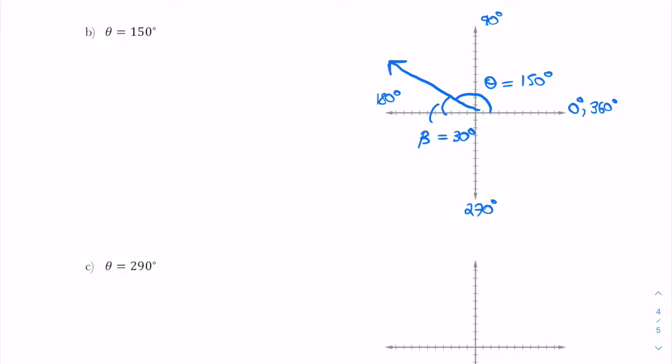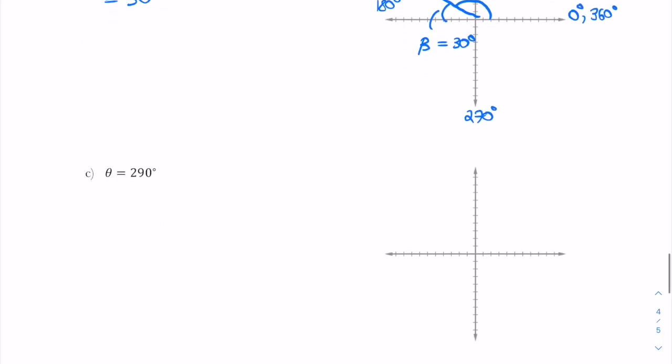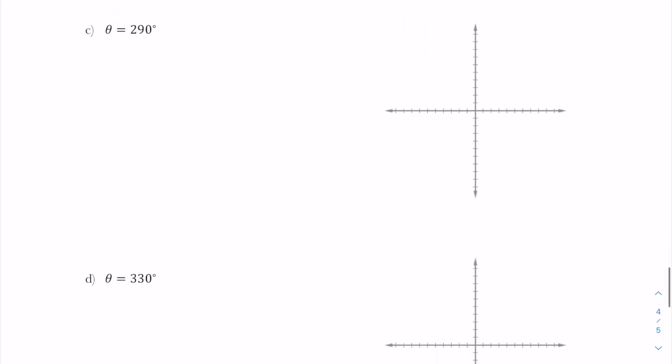If you're not sure how I got that, beta can be found by taking 180 degrees and subtracting the principal angle of 150, which gives you 30 degrees. You don't have to show your work like I just did. Oftentimes you're probably fine to just see it and label it, but if you need to show a little work, that's fine. Okay, part C.